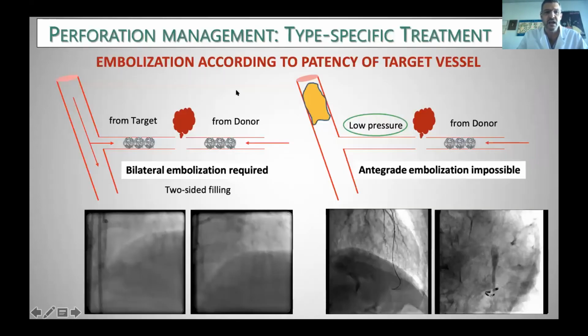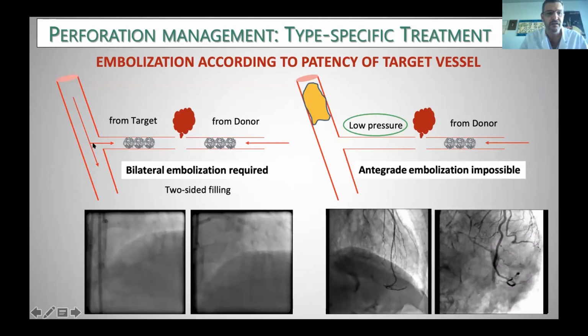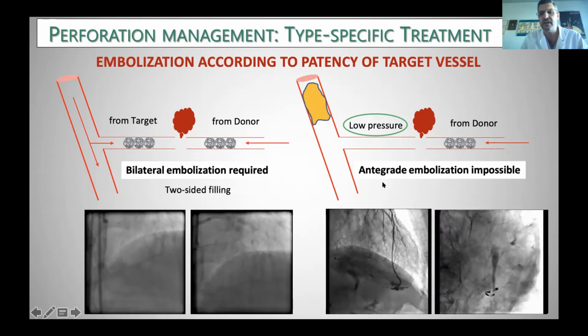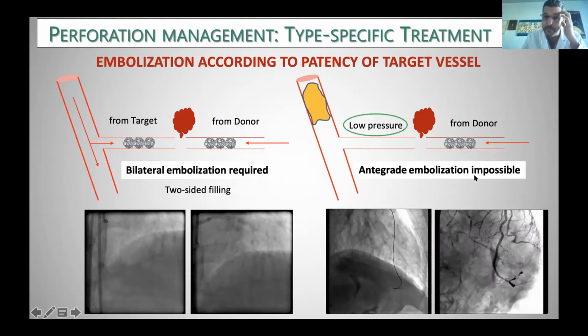Of course, also in case of collateral channel perforation, treatments can differ if we successfully reopened the CTO vessel, so the CTO target vessel, or in case of perforation before reopening the CTO vessel.